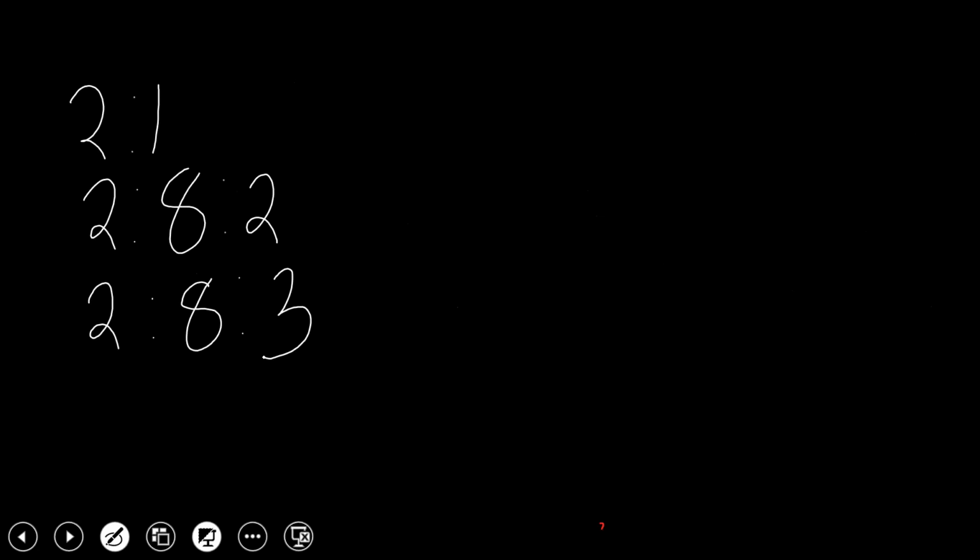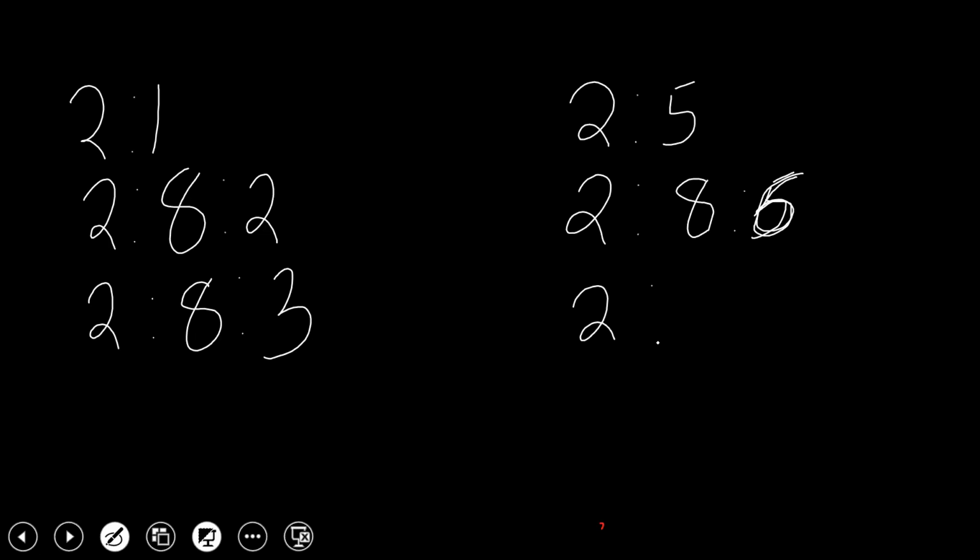Then also for nonmetals, I have electron configurations ending in this form, maybe 2, 5, 2, 8, 5, or 2, 8, 6. Then I can also write 2, 8, 7.